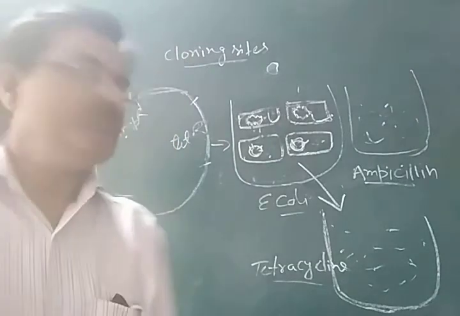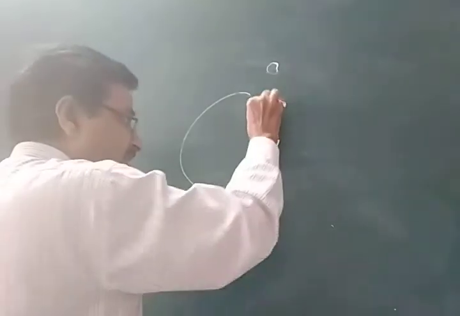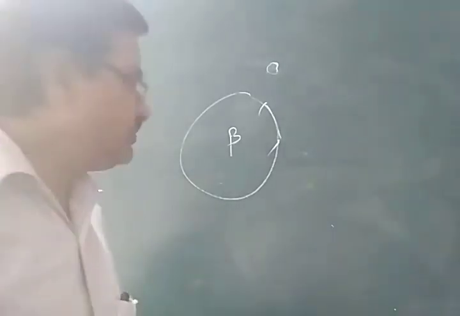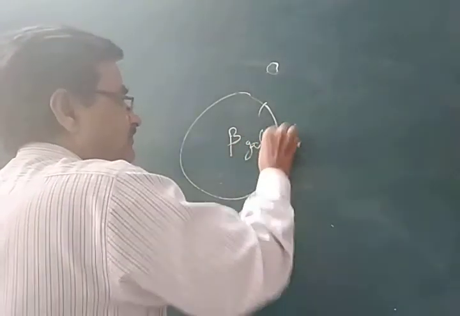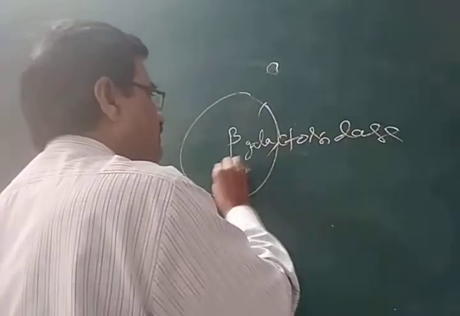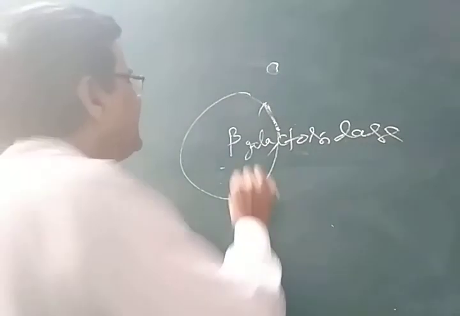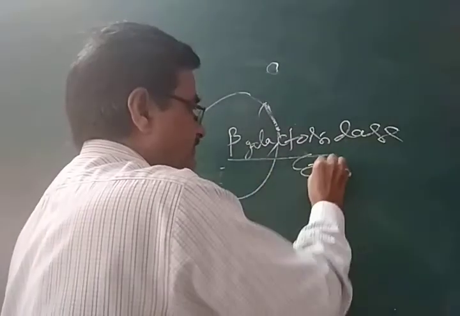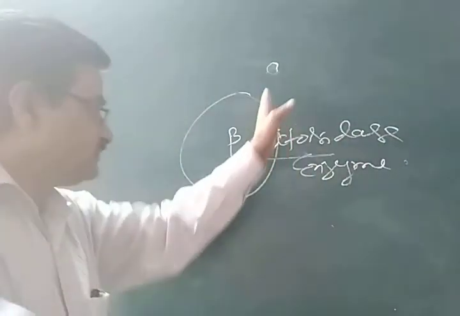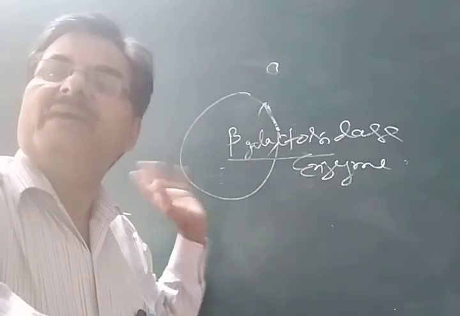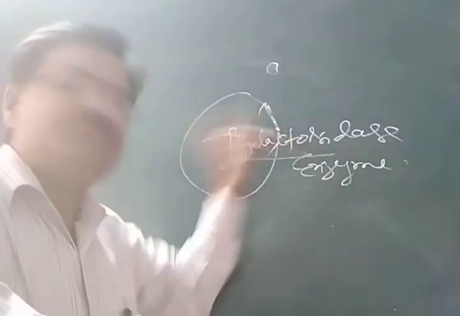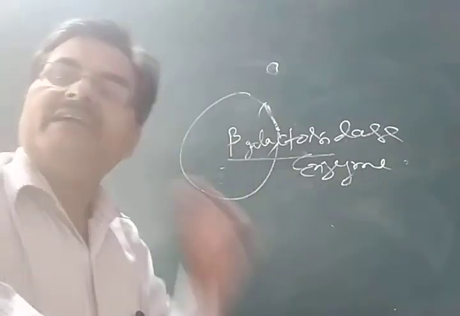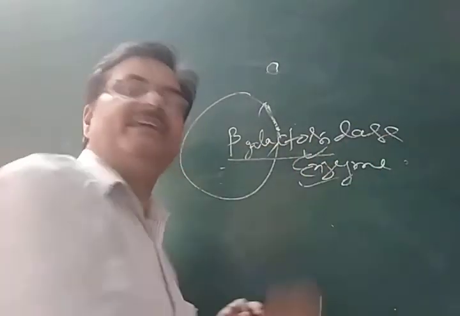For example, suppose we have bacteria having a plasmid, and in this plasmid there is a gene that produces the beta galactosidase enzyme. That is, this gene contains the information for the production of beta galactosidase enzyme.